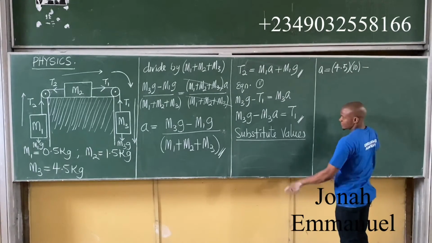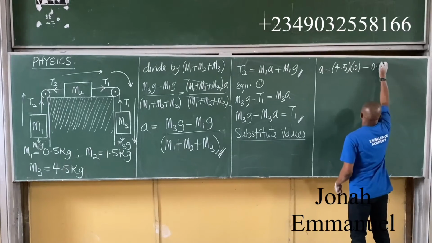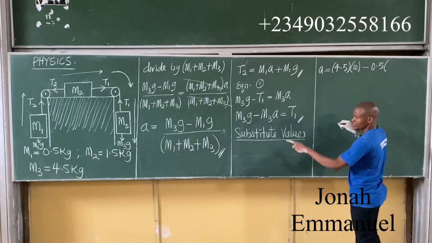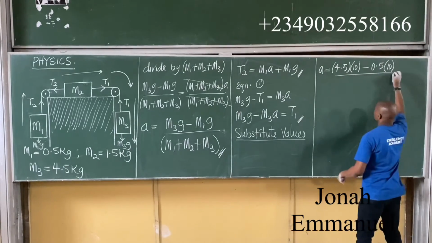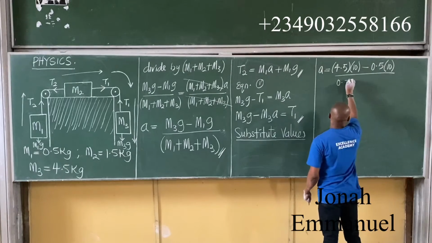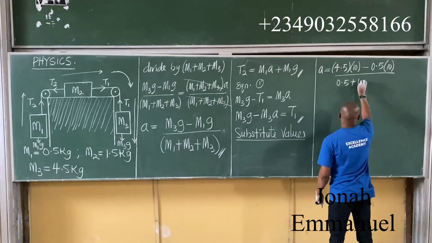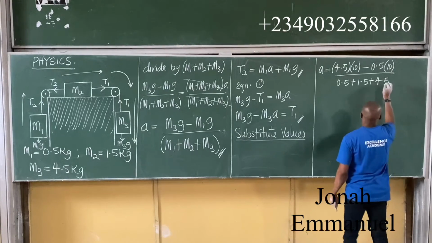Minus M1, 0.5, into G, G is 10, all over M1 0.5 plus M2 1.5 plus M3 4.5.